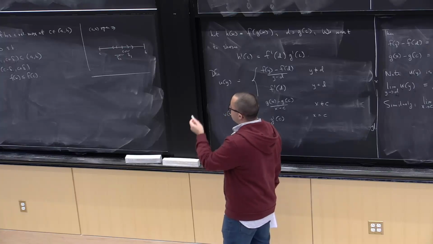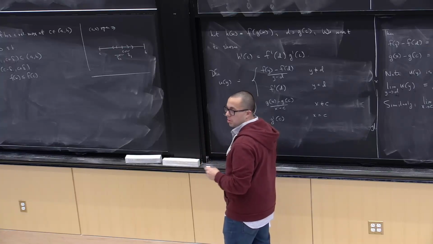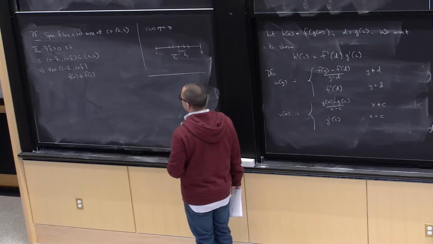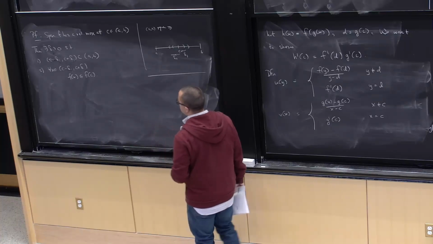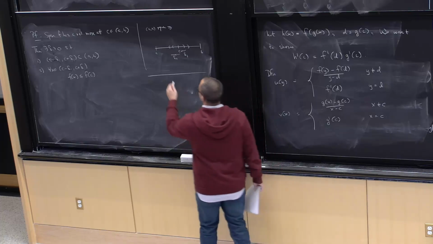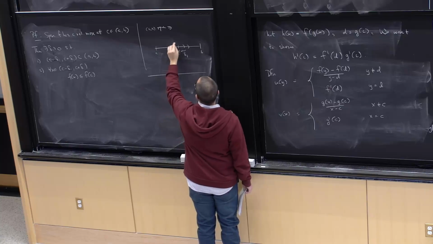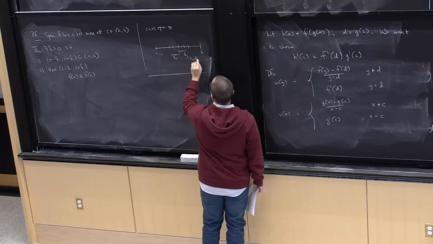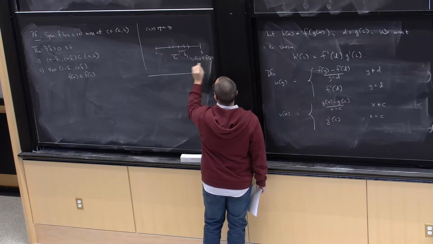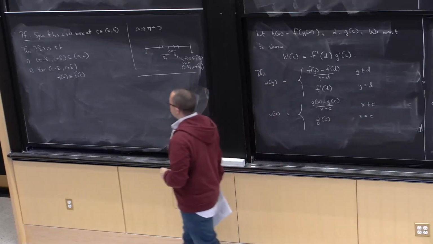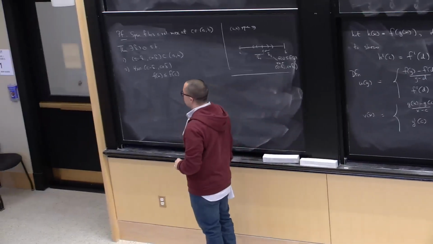Okay? And I choose delta to be the minimum of these two deltas, so that (c minus delta, c plus delta) is contained in (a,b), and delta 0 is chosen so that that is contained. So I choose the minimum of these deltas, and this is the delta I take for this statement. Okay?